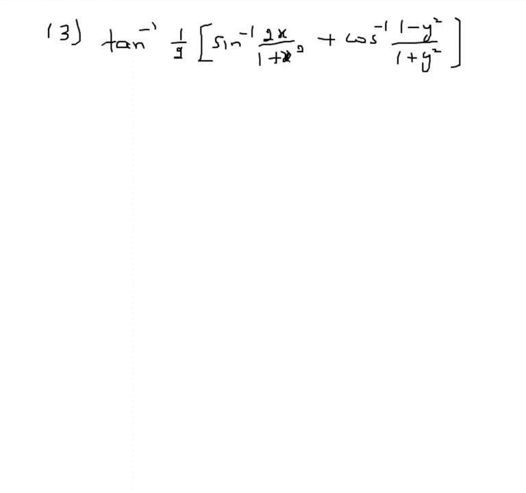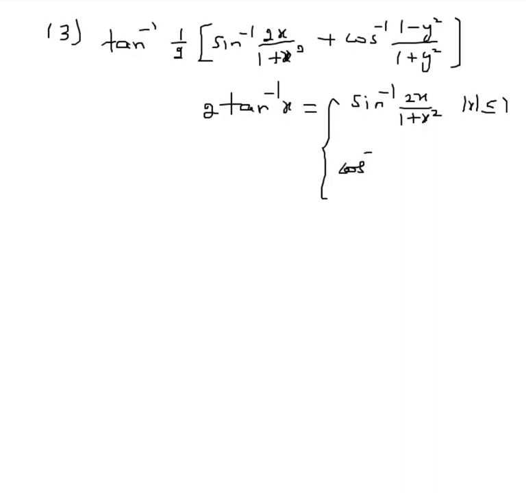Three conditions are given. We have formulae for 2 tan inverse of x, which is sine inverse of 2x by 1 plus x square when absolute value of x is less than or equal to 1, and it is cos inverse of 1 minus x square by 1 plus x square when x is greater than 0.